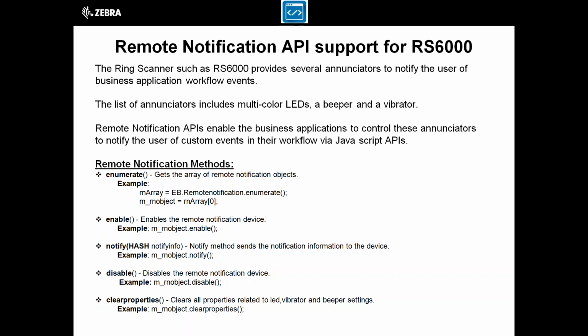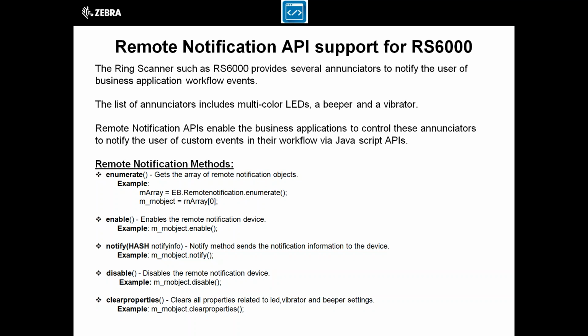Then we have a disable method, which is basically used for disabling the remote notification device. Then we have clear properties, which is used for clearing the properties related to LED, vibrator, and beeper settings. So in the remote notification API we are currently supporting LED, vibrator, and beeper remote notification objects.